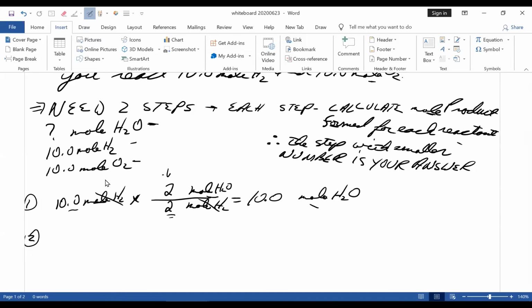Number 2, the other reactant. Again, you want to figure out how many moles of the product. The smaller number was 1 and 2 is your answer. And now, again, we'll use unit analysis. Whatever we're trying to get to goes on top, whatever we're trying to get rid of goes underneath.